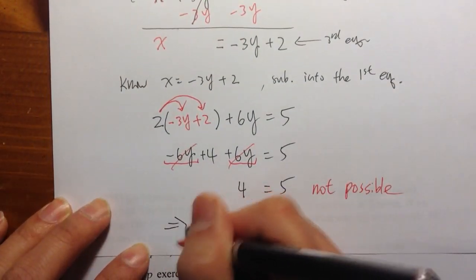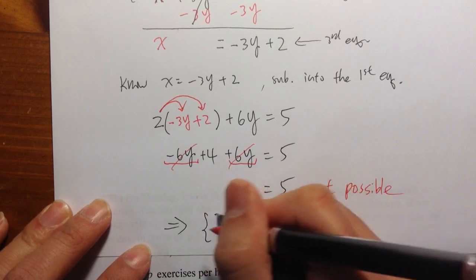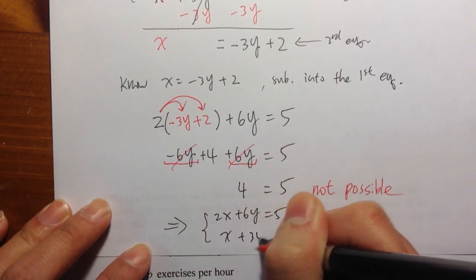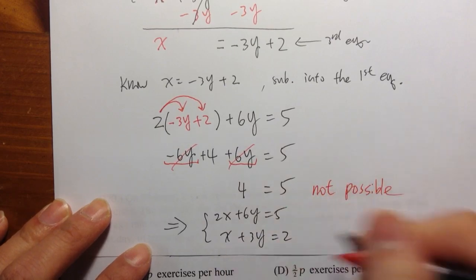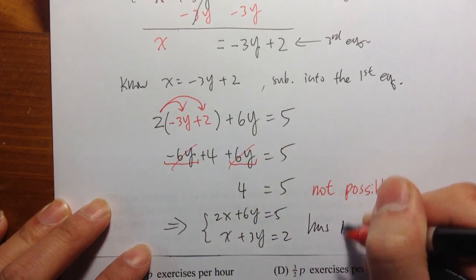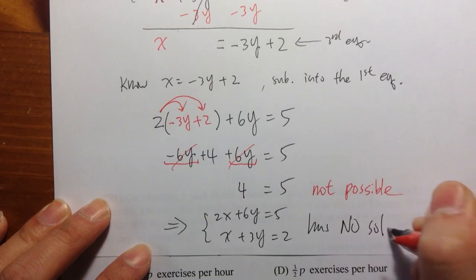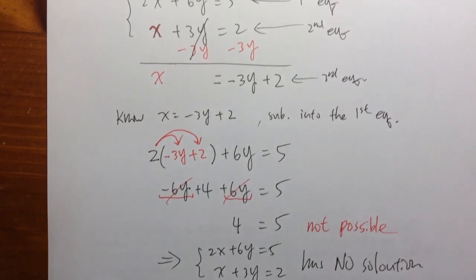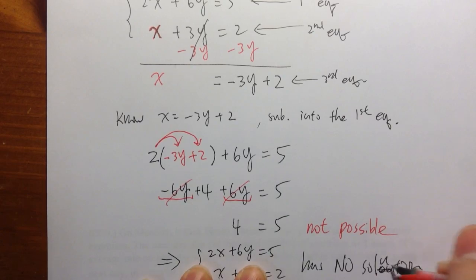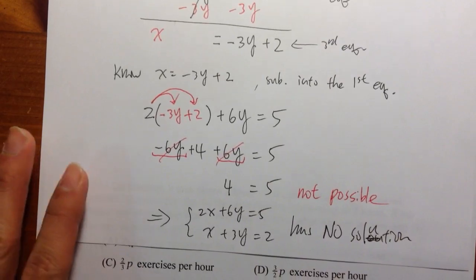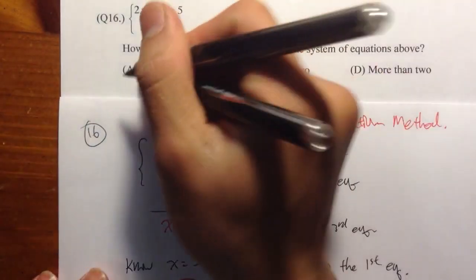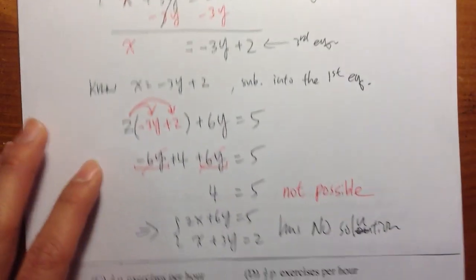So the original equations, 2x plus 6y equal to 5 and x plus 3y equal to 2, have no solutions. So you will just select none for the answer.